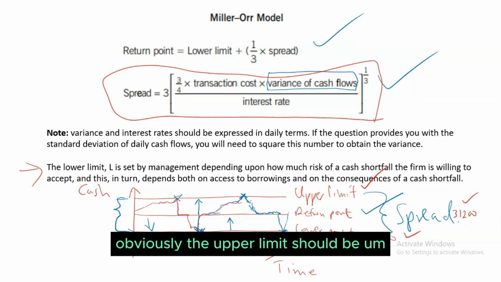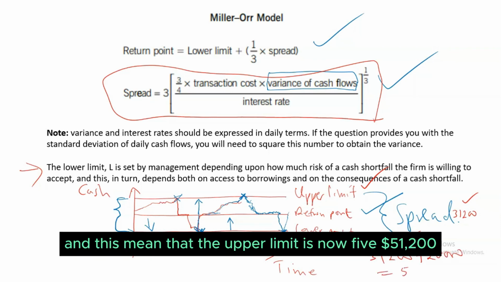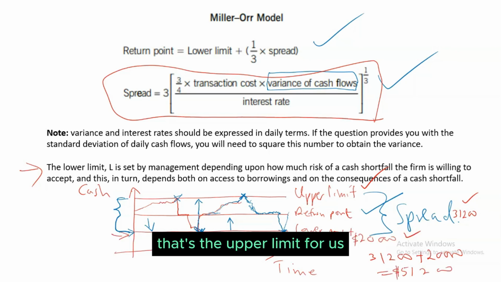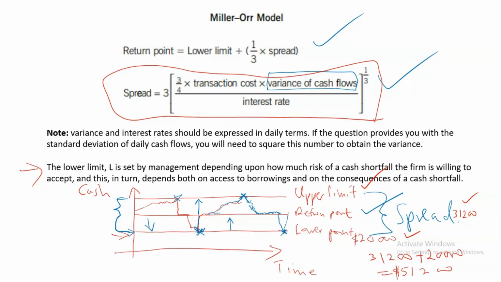Obviously, the upper limit should be 31,200 plus 20,000, and this means that the upper limit is now $51,200. That's the upper limit for us. Now, we can't then guess the return point. The return point doesn't mean that it's the middle figure.